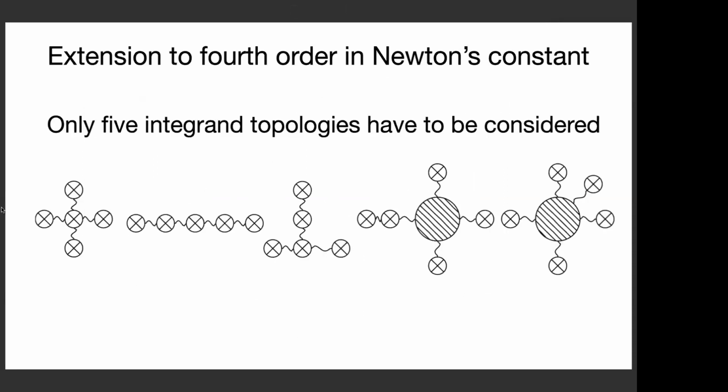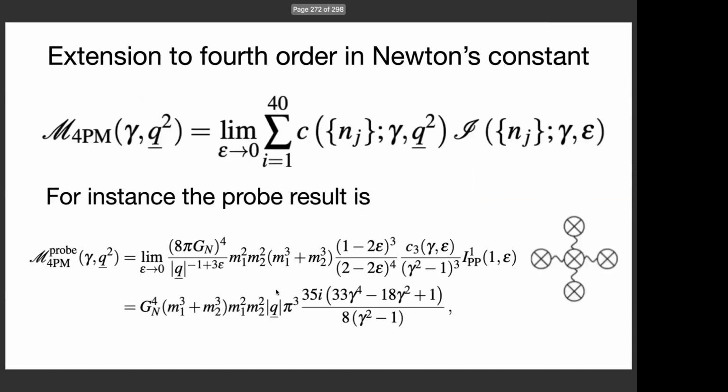And in fact, if we count at four loops, there's only 5 integral topologies that have to be considered if we eliminate a lot of the redundancy in the cut construction. So then one has to still work out the scalar integrals.